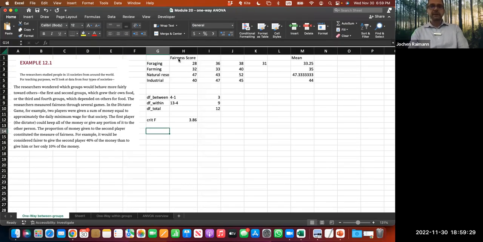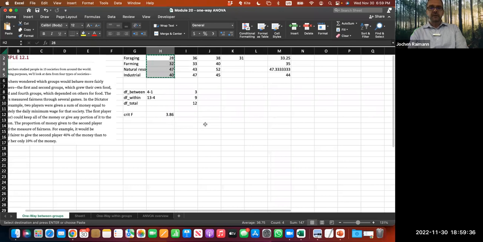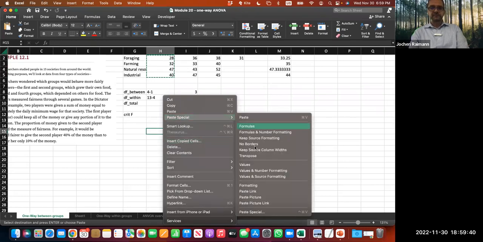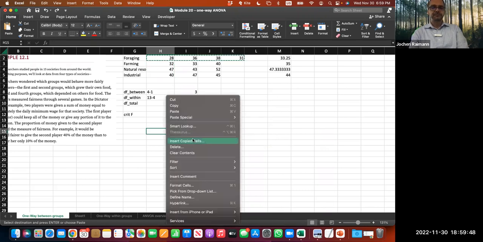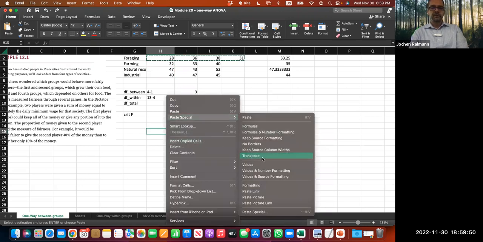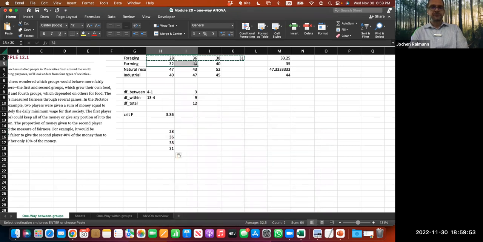So now, let's do this quickly. The first step is that we need to transpose our entries. So we're transposing our entries.